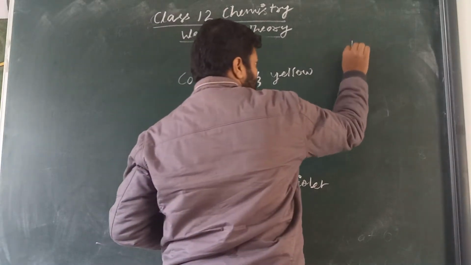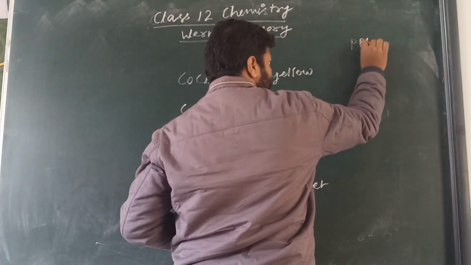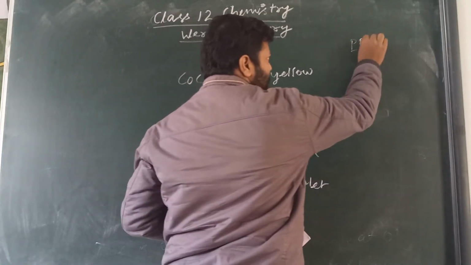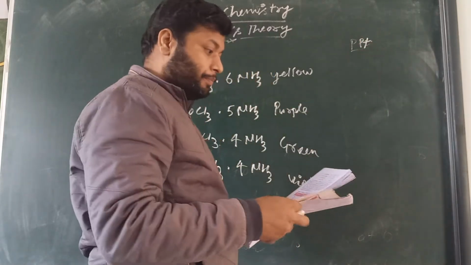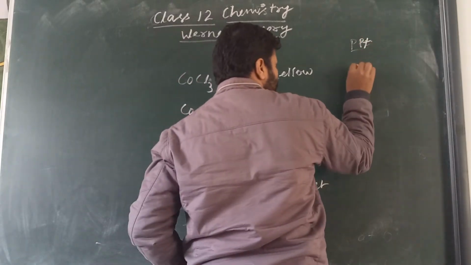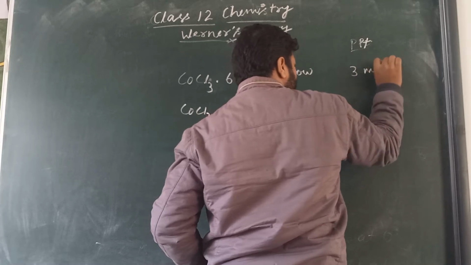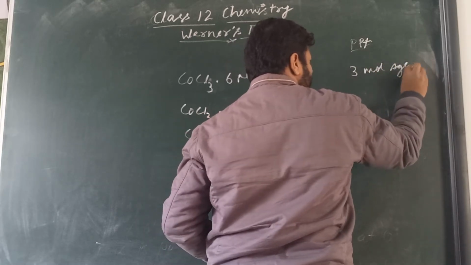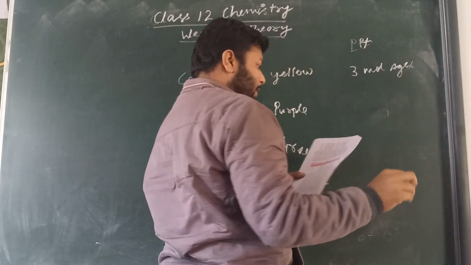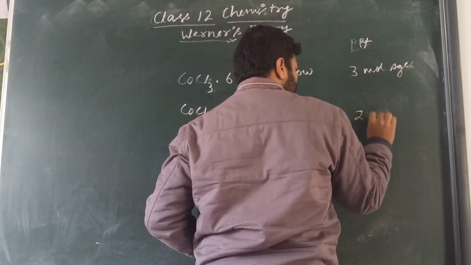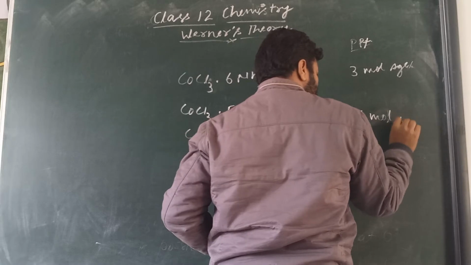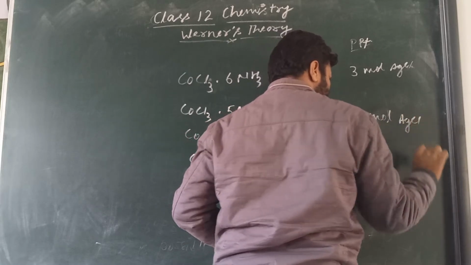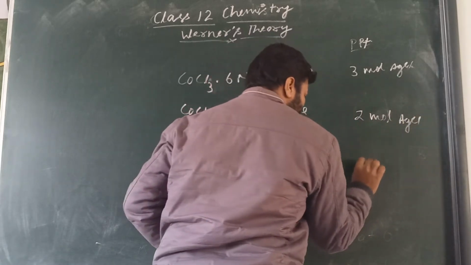The precipitation that occurs is 3 mole AgCl, 2 mole AgCl, 1 mole and 1 mole AgCl.